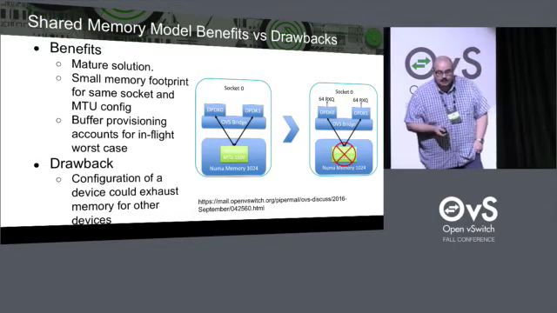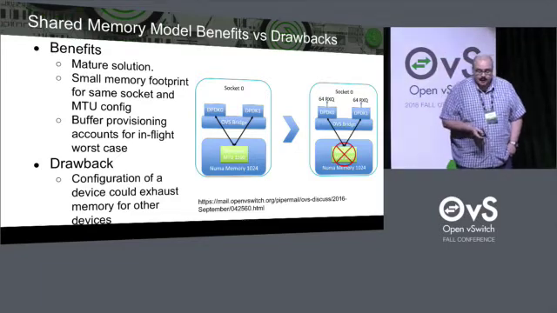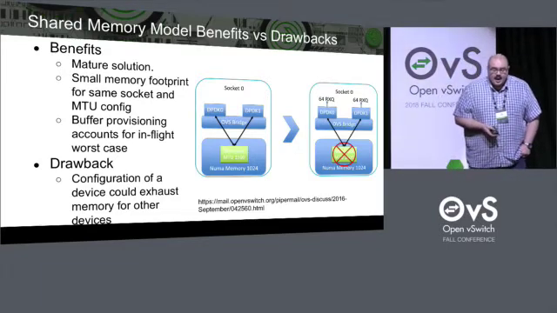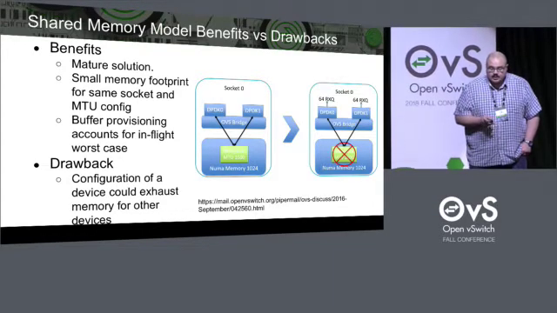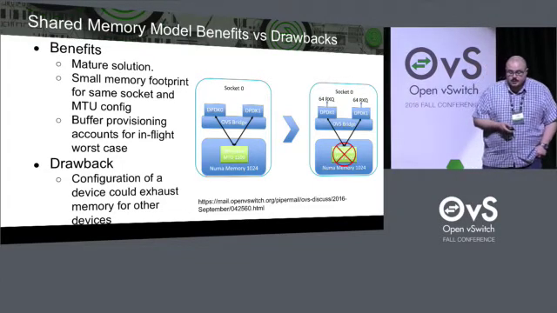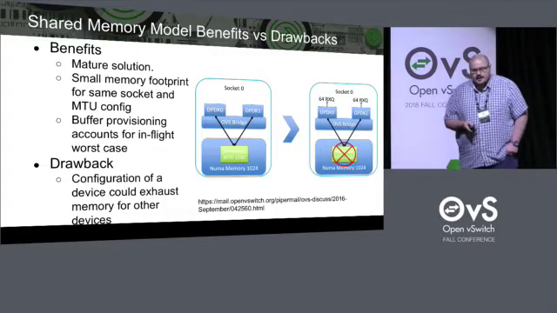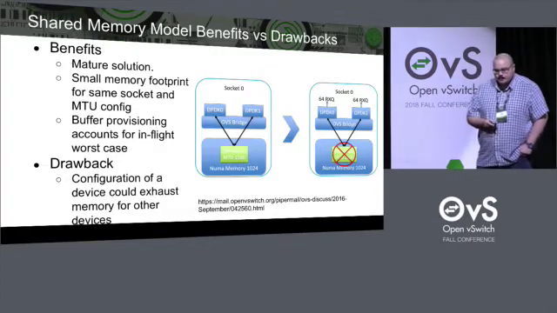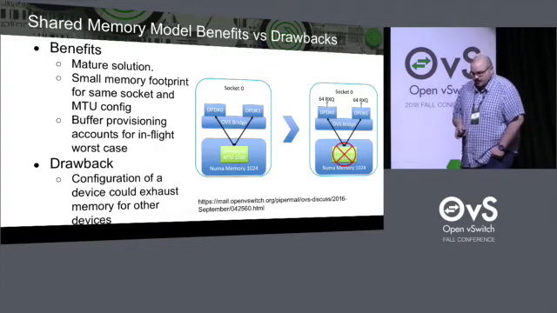And so this is a real case on the right-hand side that I have here. It was an actual mailing discussion list. And essentially, they had a one socket system, they had two DPDK ports. When they were running things with just one RxQ on both ports, that was fine. They were using an MTU 1500, no problem. But then they configured 64 queues on the first DPDK port. That was still fine.